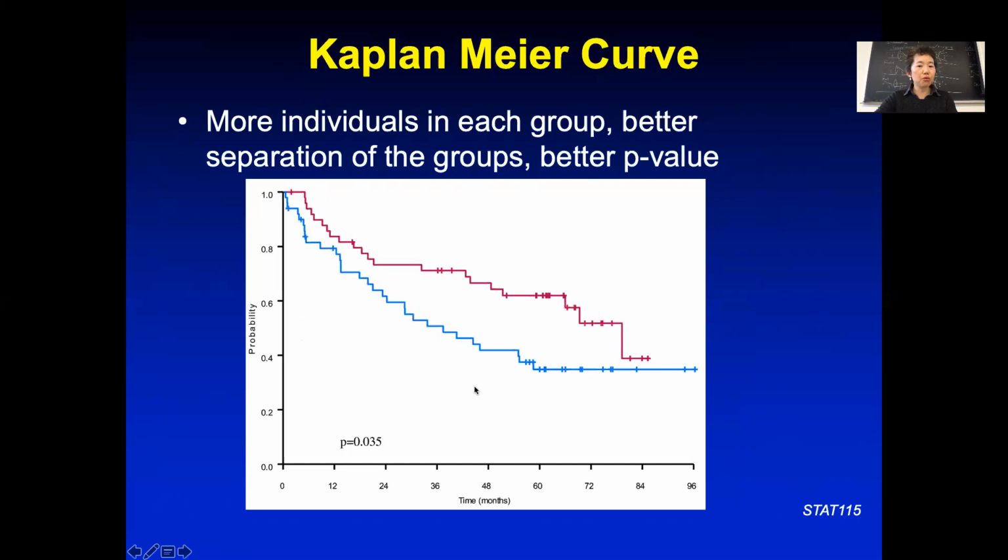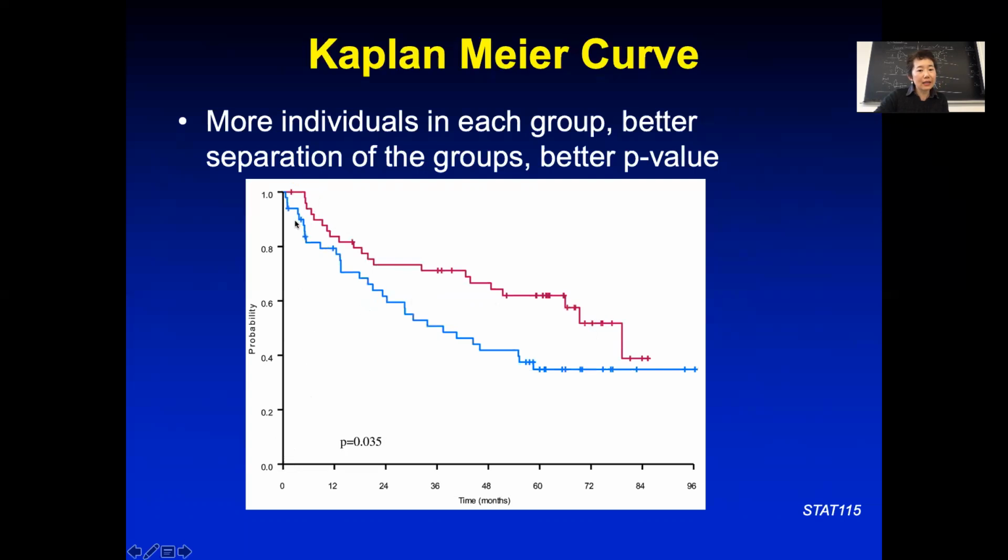You could do 2 groups. In this case, say you do a subtype, say lung cancer. This could be 3 different groups, or 2 or 4. But you look at the survival. So this is the survival probability you see.